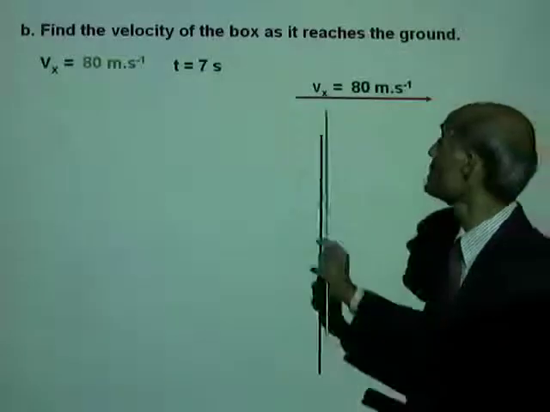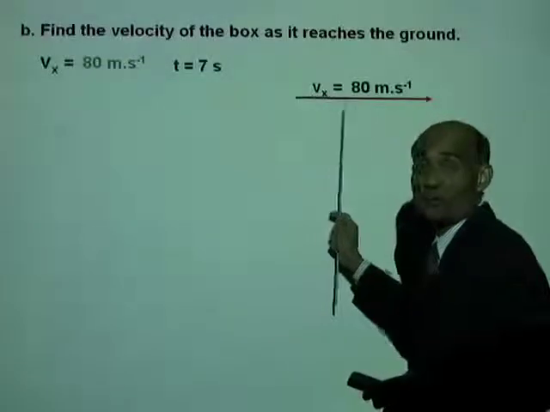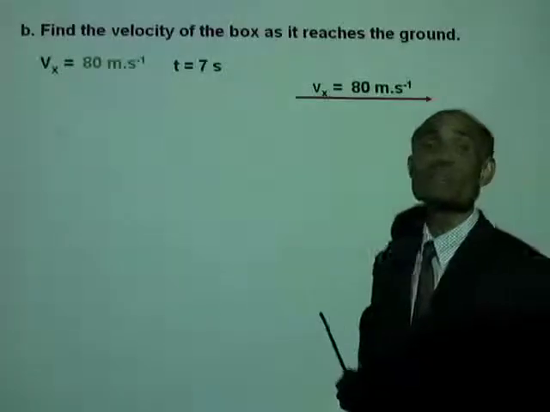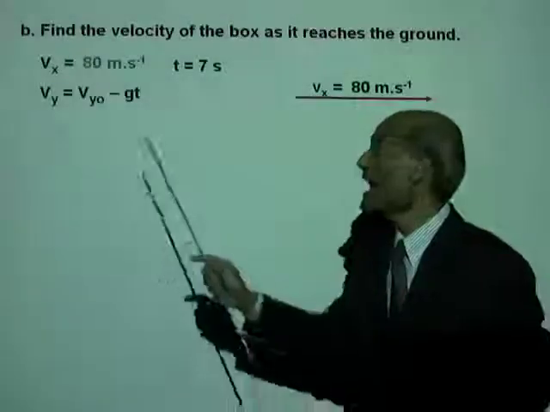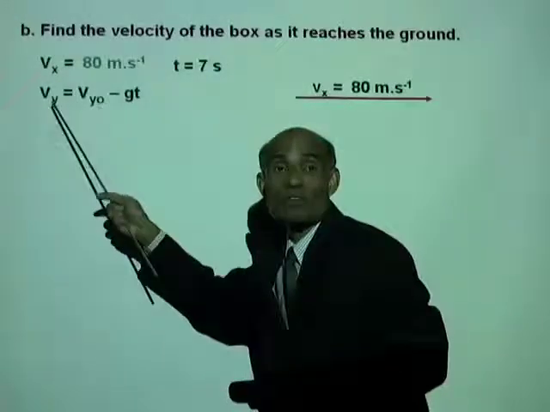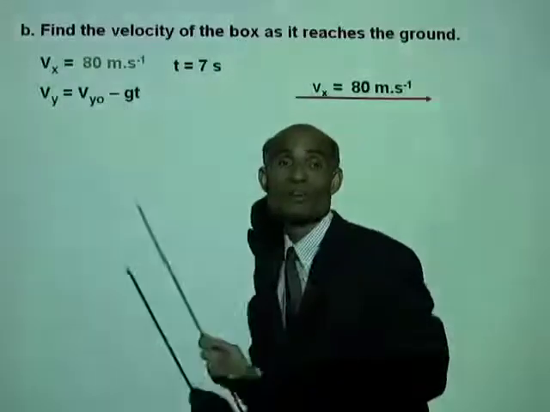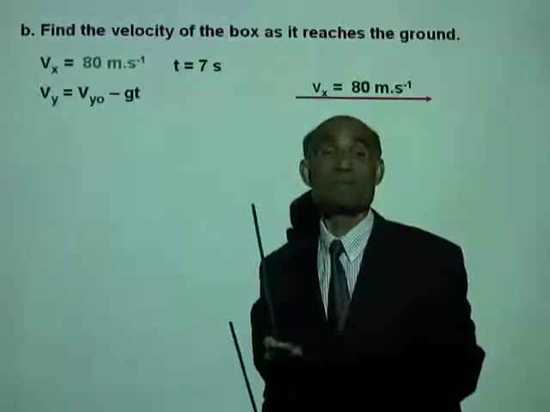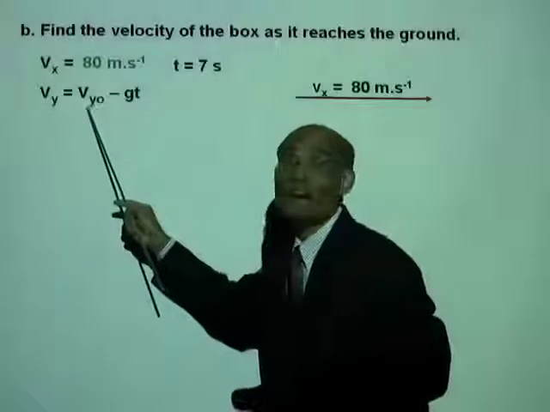Alright, let's find these velocities. Its horizontal velocity is Vx equals 80 meters per second. And we will find the vertical velocity using this equation: Vy equals Vy0 minus gt. Now, what is Vy0?